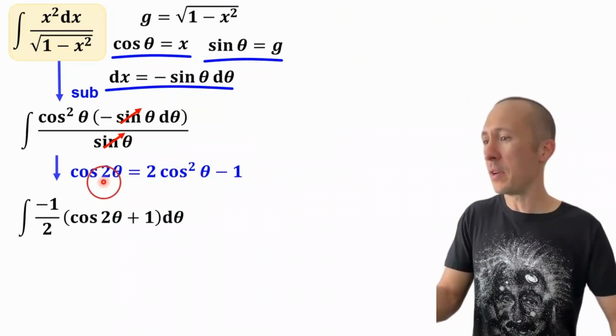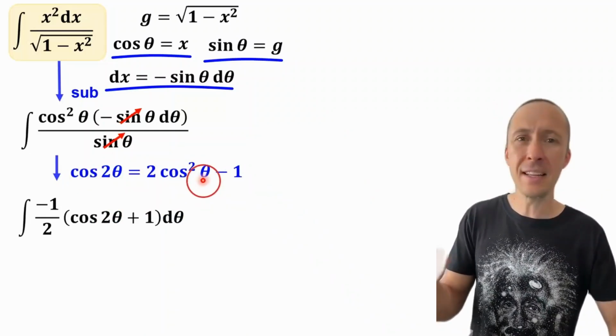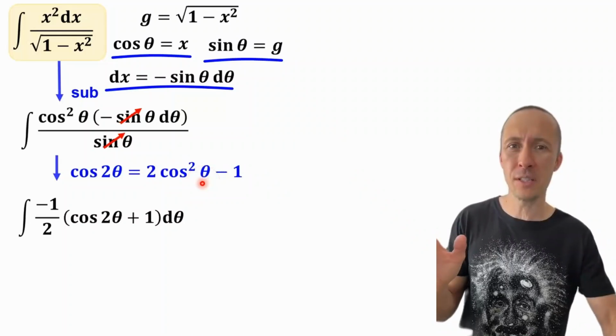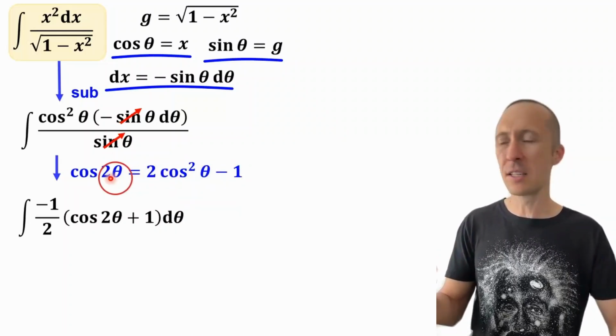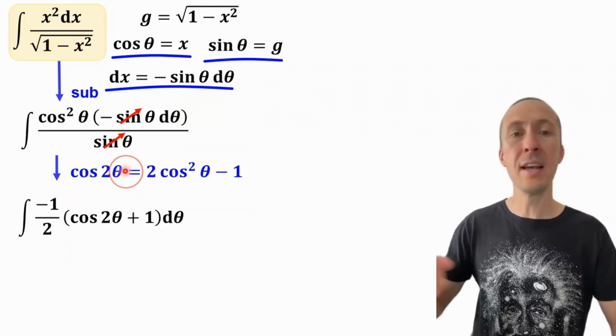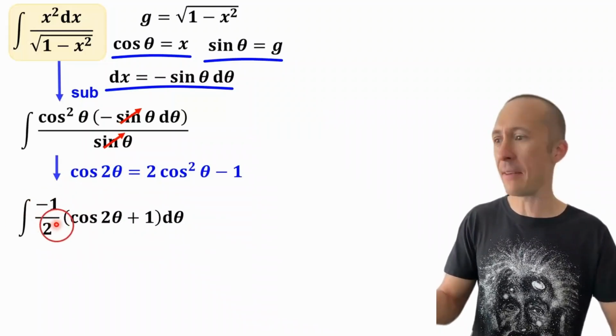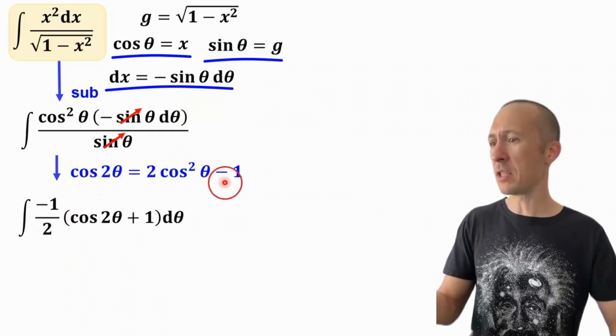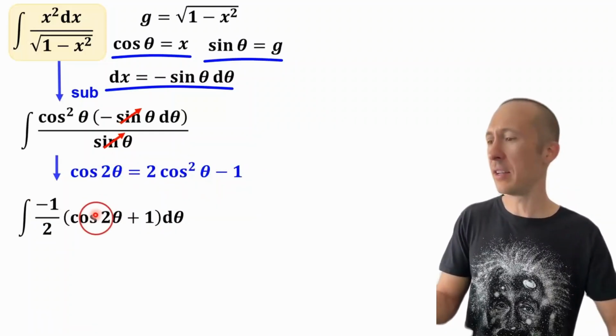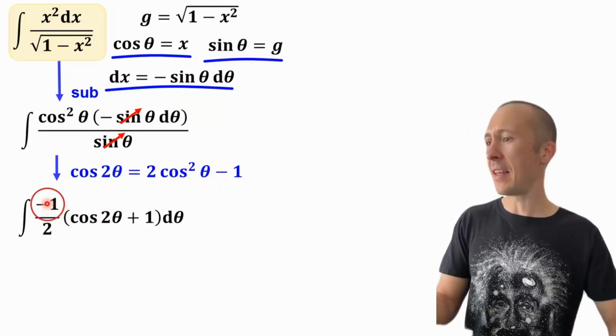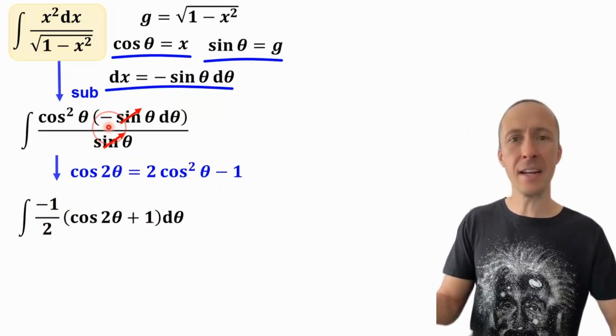So if we solve for cos squared theta, imagine this in your mind. We'll add 1 to both sides, so it's cos 2 theta plus 1. Then we'll divide by 2, so everything's divided by 2. That's what this 1/2 is. And then this cos 2 theta plus 1 is this cos squared here, because we have the 1/2 here. And then this negative is because there's a negative right here.